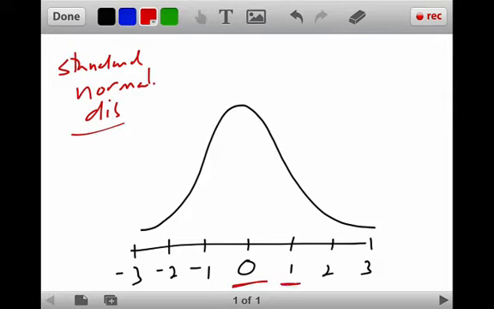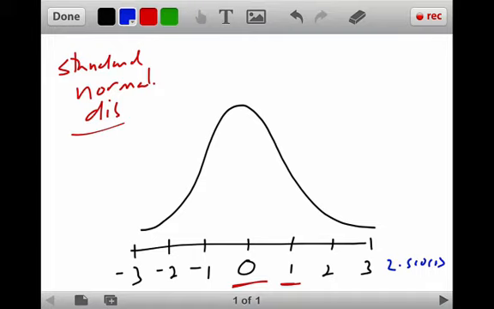Let's say I'm giving you a score on this distribution. Remember that 0, 1, 2, and 3 are actual z-scores. It's not raw data, it's a standard normal distribution, and at the bottom here we have z-score.